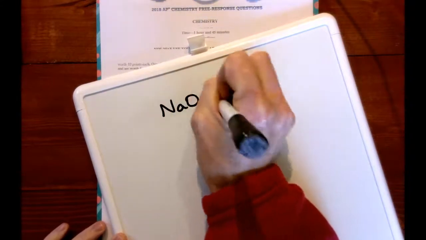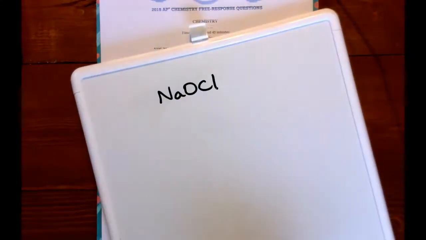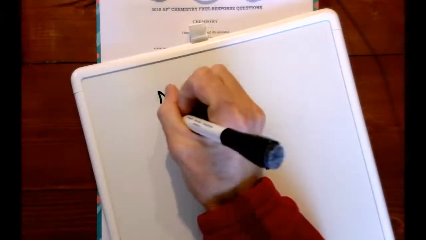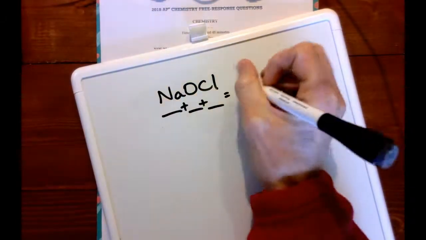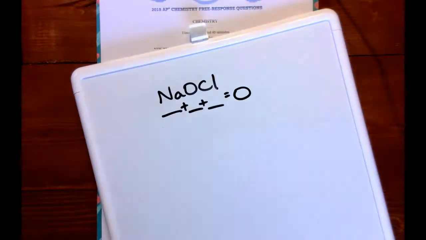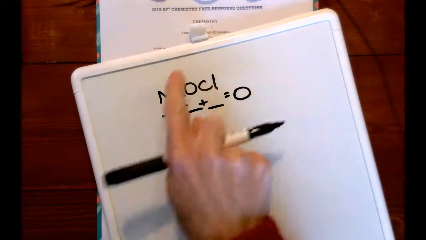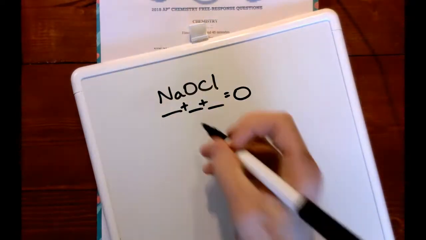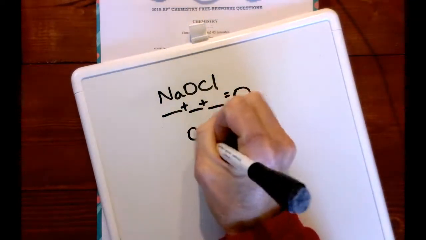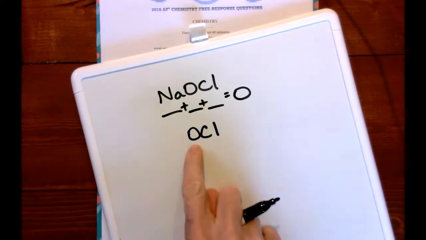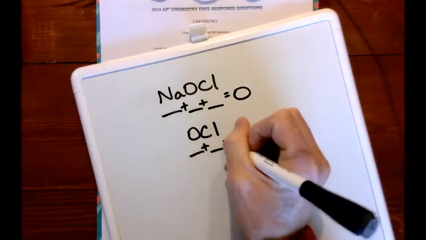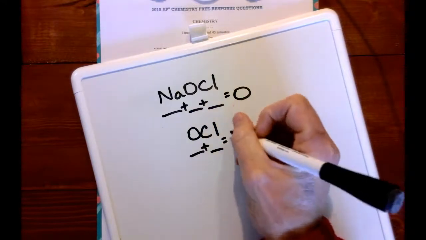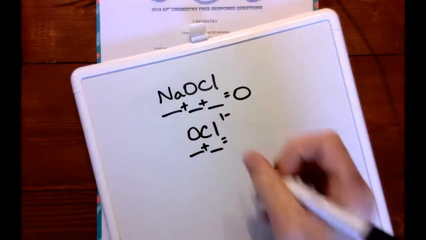So NaOCl. We're going to look at this a couple of different ways. The first way is to remember the sum of the oxidation numbers in a neutral compound equals 0. I also am going to take an opportunity to look at this just from the perspective of chlorine being in this polyatomic ion, hypochlorite, that has a 1- charge.